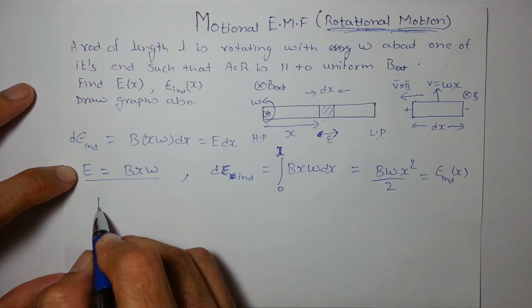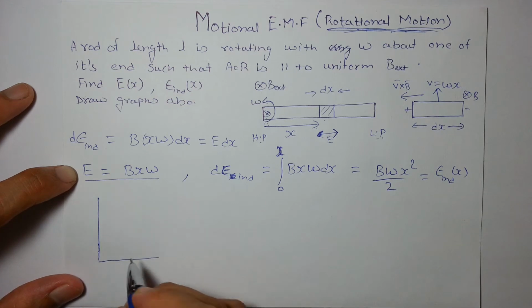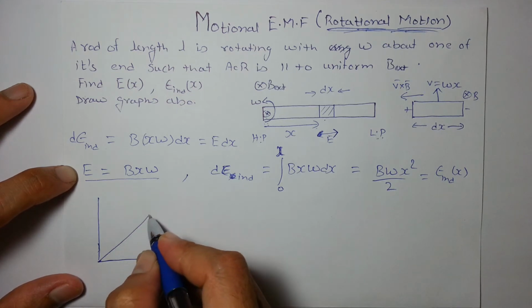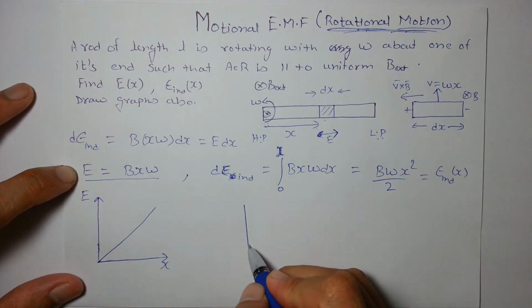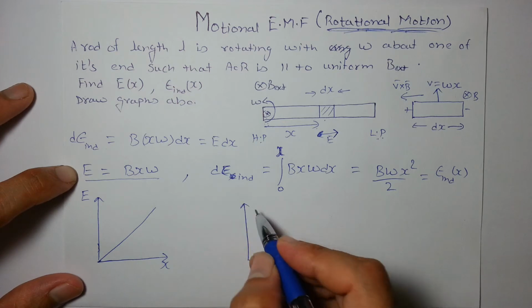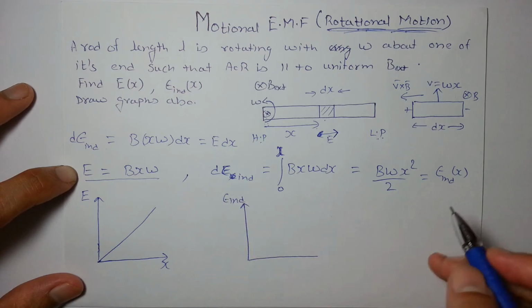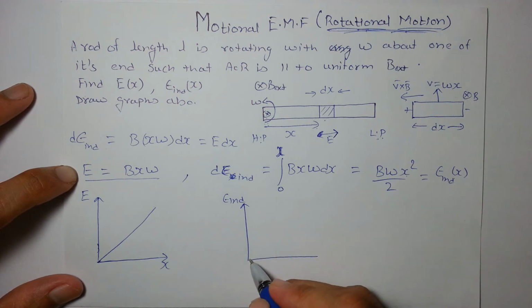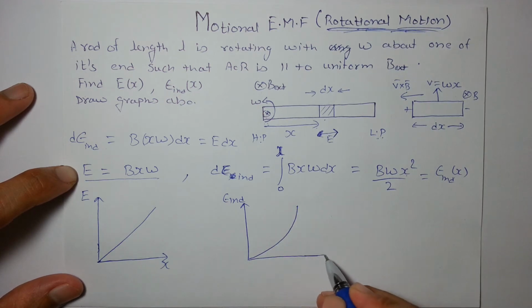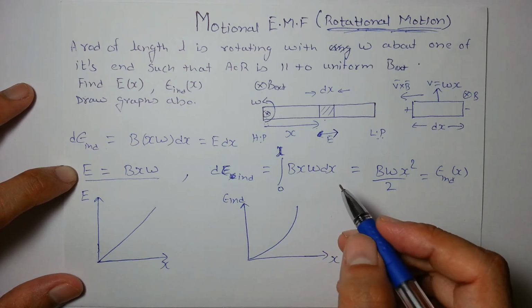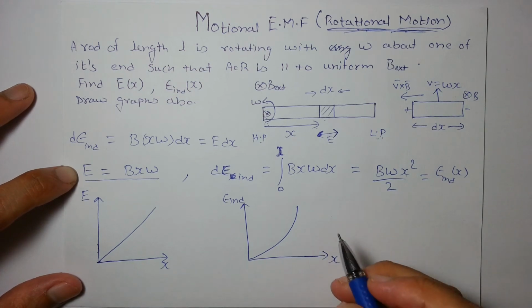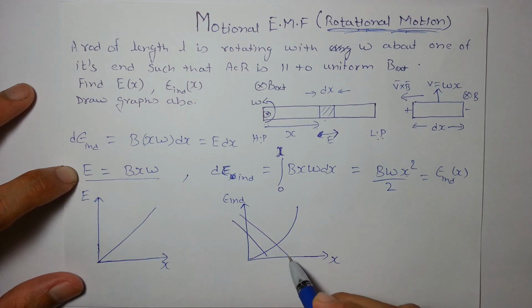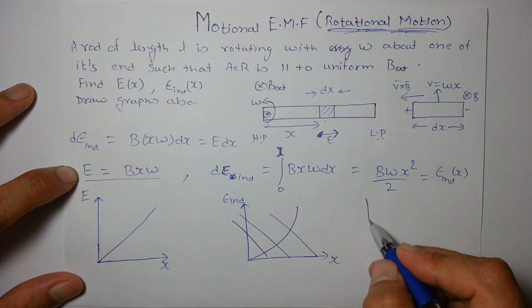We can draw their graphs. The electric field increases as we move away from the axis, and the graph is parabolic for the EMF induced. As we know, this is an x square function, so it will be like this. Here the parabola is opening upward, but it should actually be opening downward. As the axis has maximum potential, this should not be that parabola.